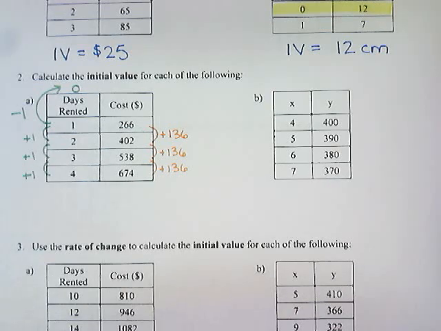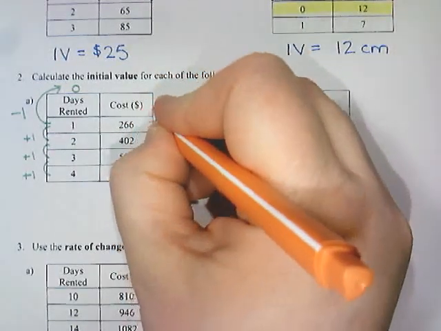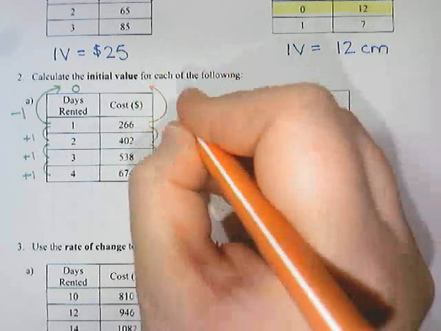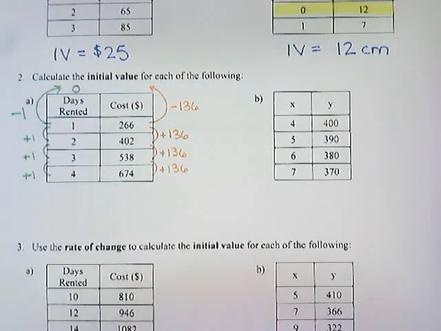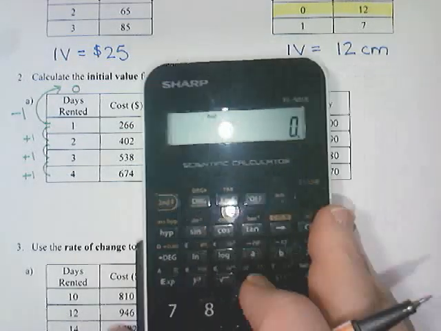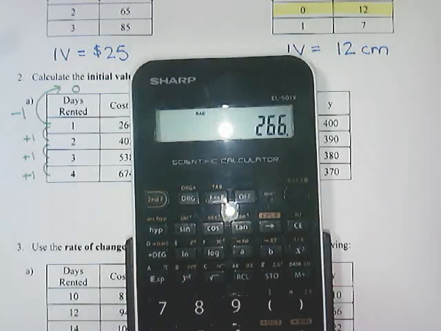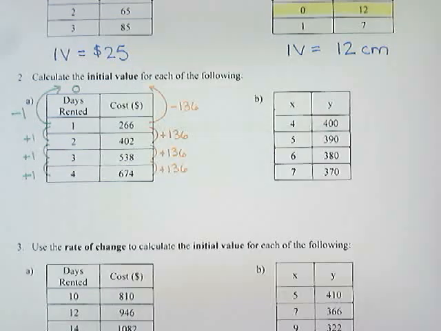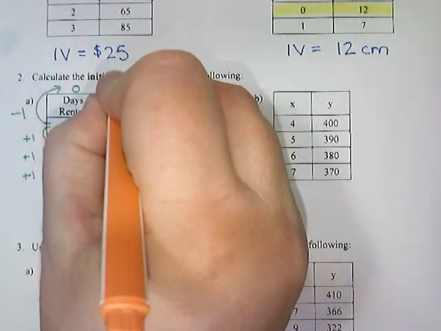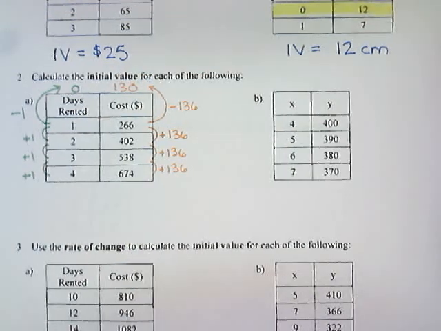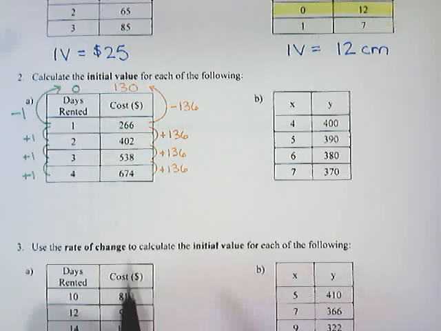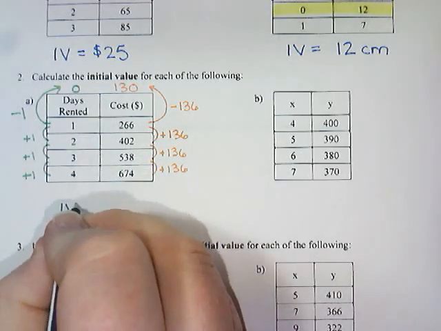And that means I'd have to go back 1 day on this side. So I would subtract 136. So 266, take away 136 is 130. So on day 0, it would have been $130. So my initial value would be $130.